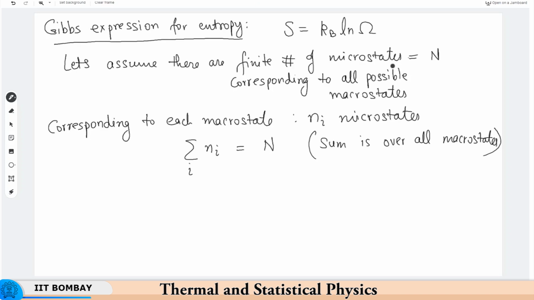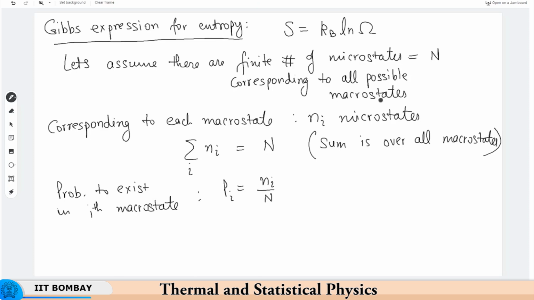Therefore, the probability to exist in the ith macrostate simply becomes Pi equals ni divided by n.